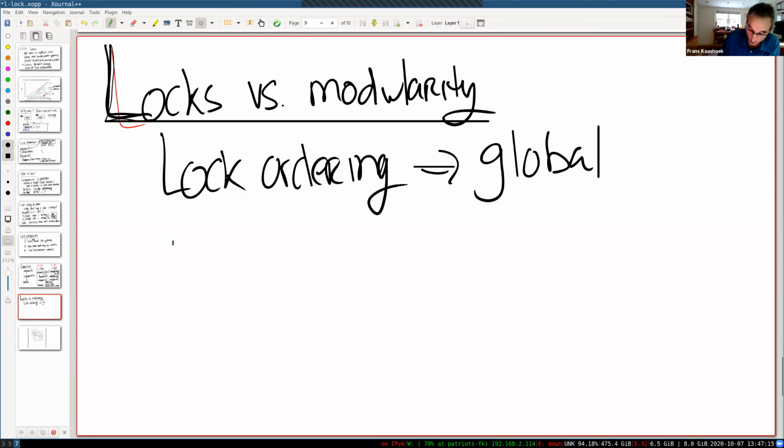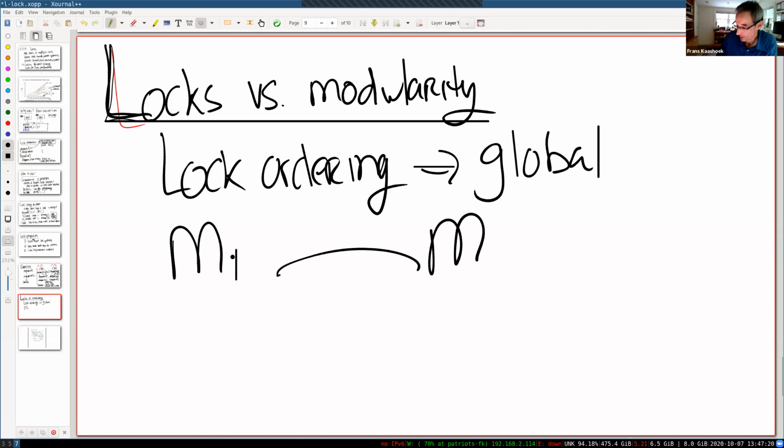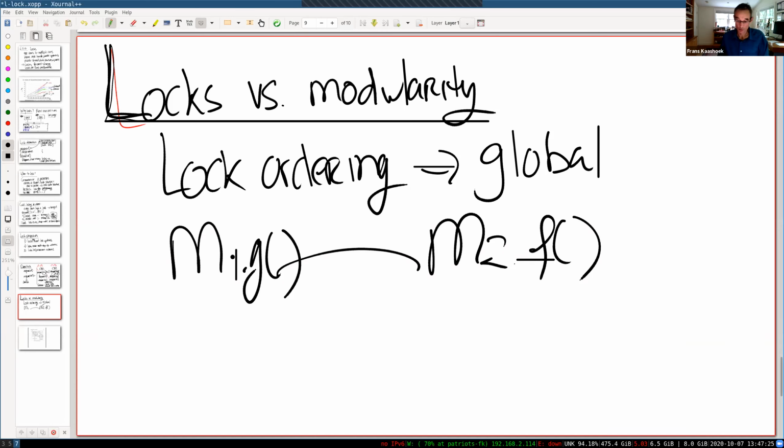So if one module, M1, calls a method in module M2, the caller, function G, might need to be aware of what locks F acquires or what locks M2 uses.